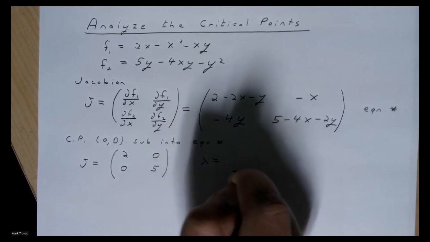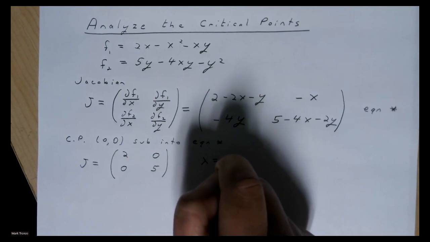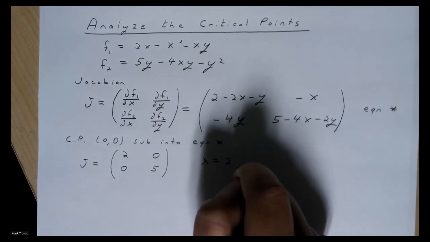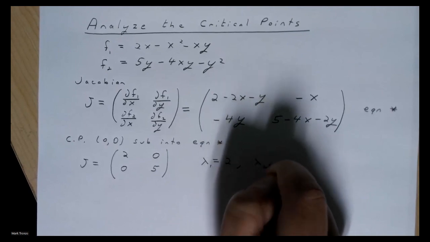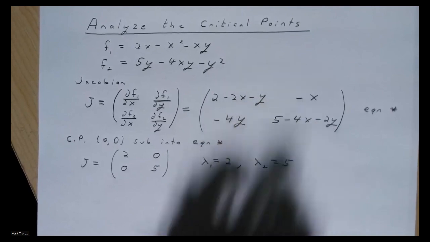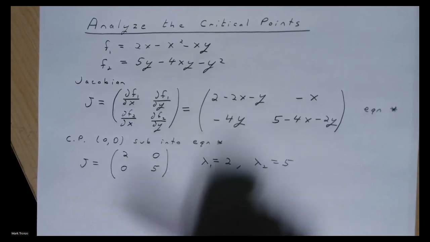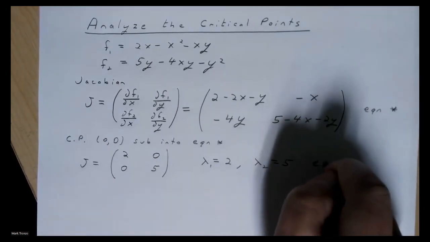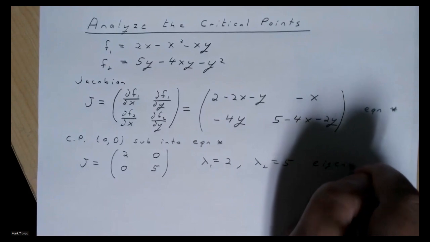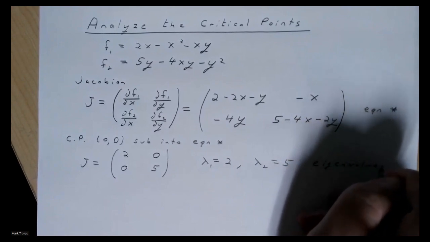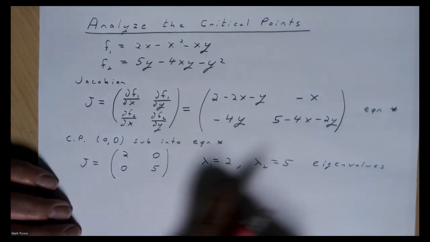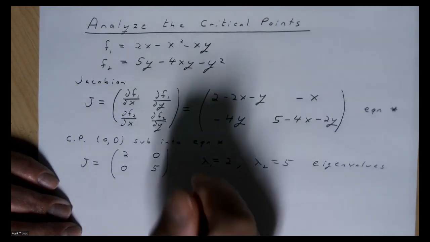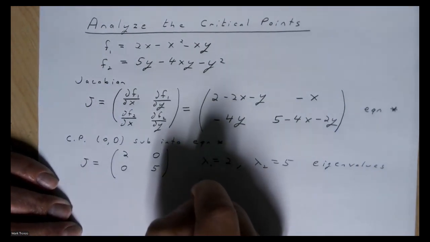So the eigenvalues are 2 and 5. It doesn't matter which one you call the first or second. And since at least one of these is positive, this is an unstable node.